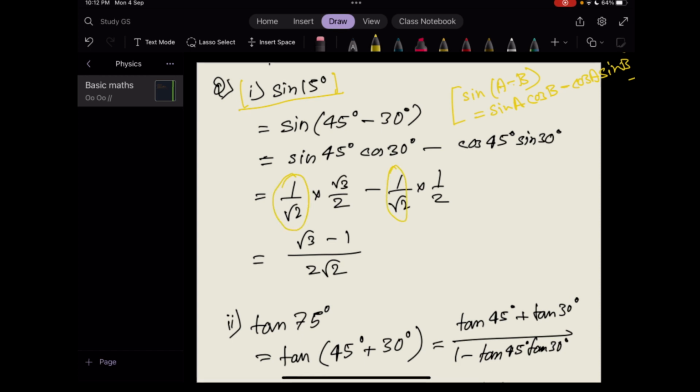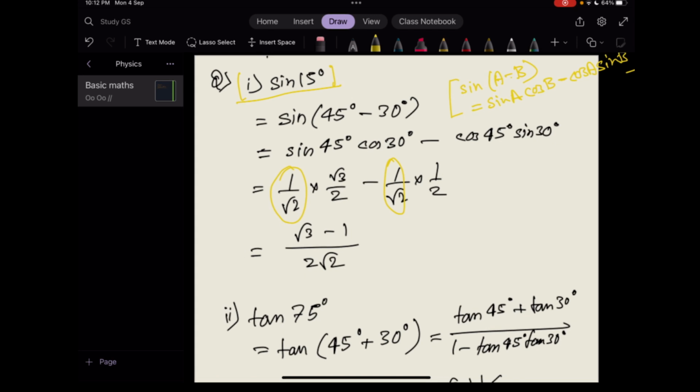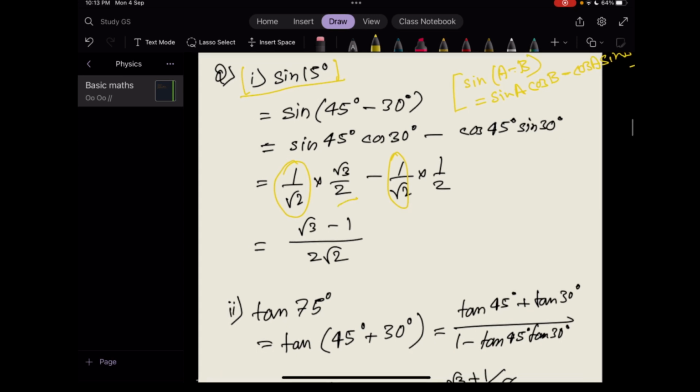Now cos 30 degree value is equal to the value of sine 60 degree, that means root 3 by 2. Sine 30 degree value was 1 by 2, so 1 by 2. Now we have the final answer. If I solve it, here I have the final answer. If you know the value of root 2, you can solve it further.